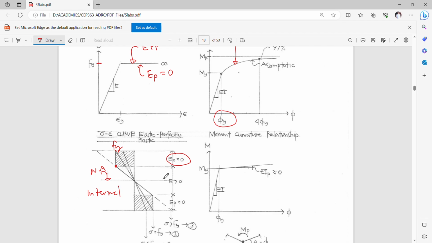So this is now an elastoplastic behavior, or it's in between the elastic range and the plastic range of this box.